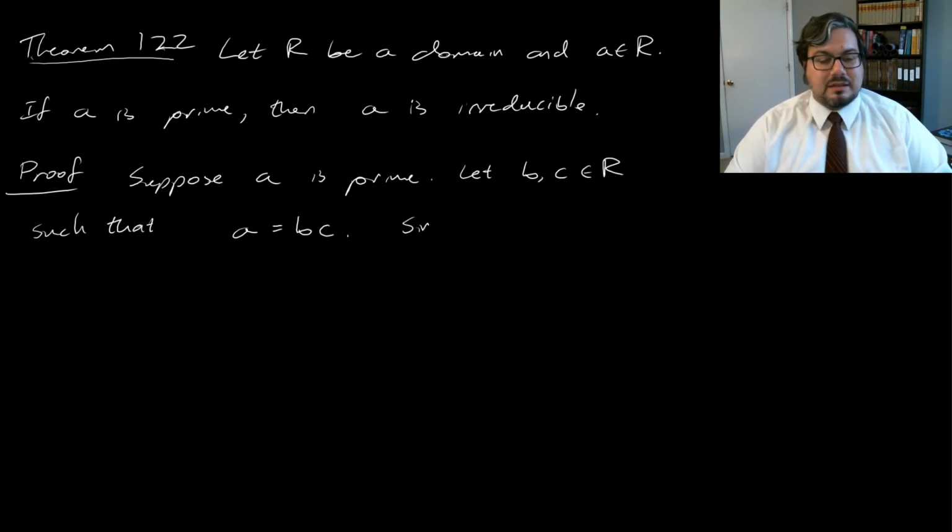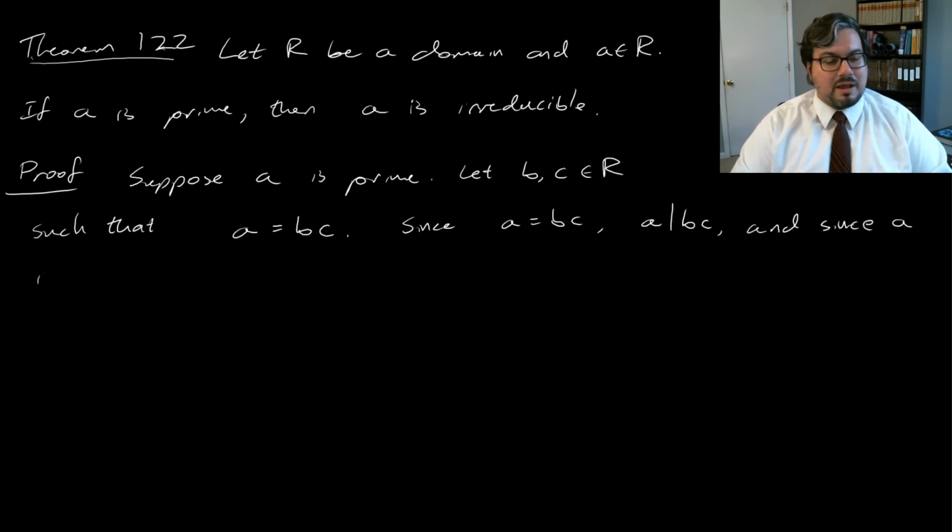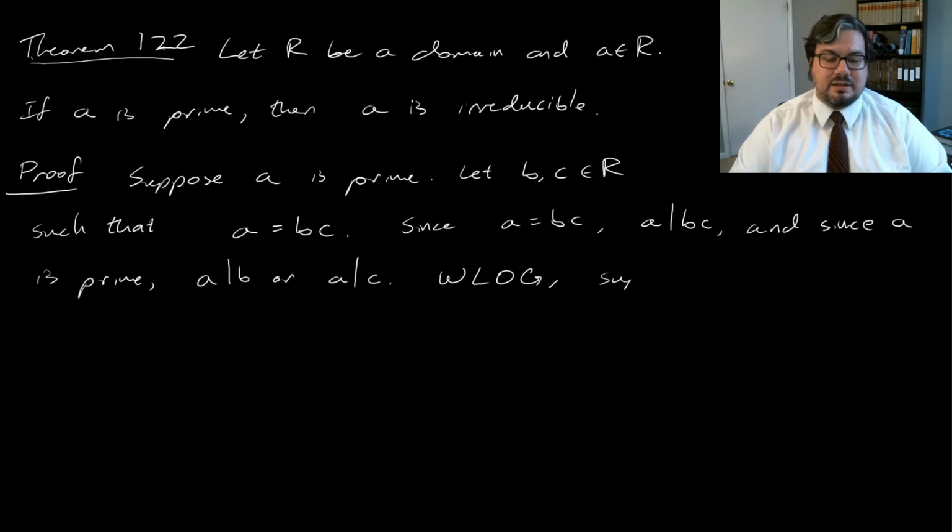Now, since A equals BC, we certainly have that A divides BC, and since A is prime, we have that A divides B or A divides C. Without loss of generality, let's suppose that A divides B, so that means that B is equal to A times D for some element D in the ring.